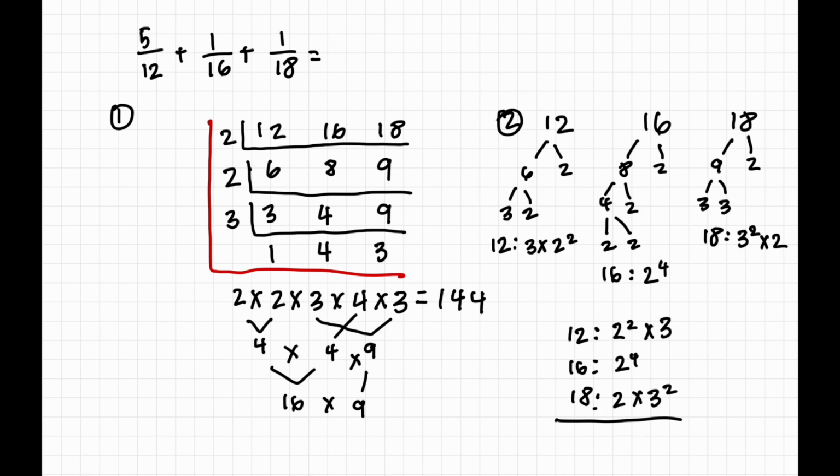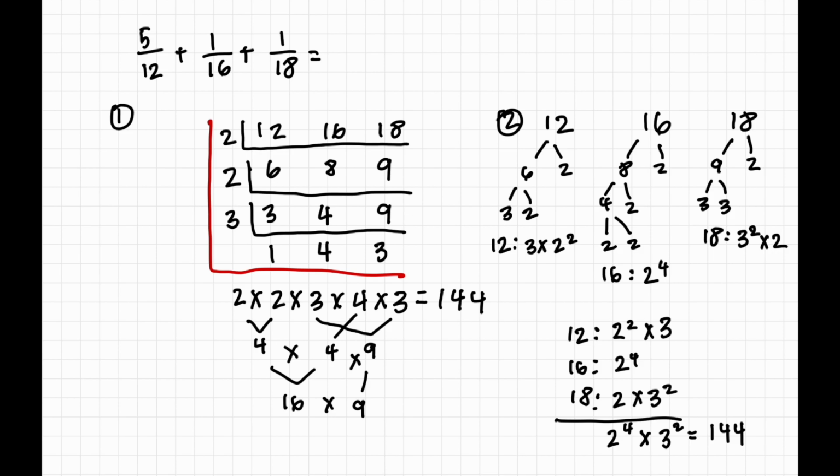So in the 2's column, we would bring down the greatest number, which is 2 to the power of 4 in this case, times in the 3's column, 3 to the power of 2. And that would equal 16 times 9, so it would be 144.